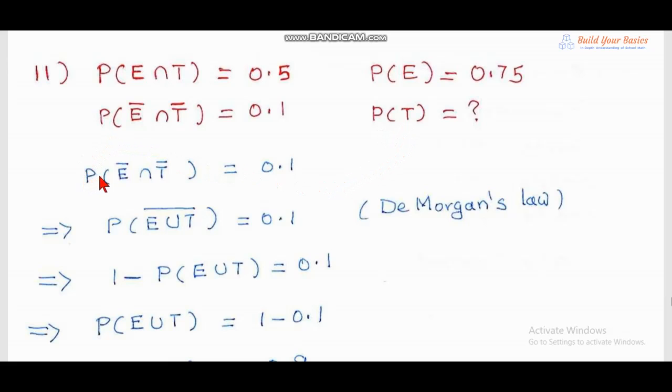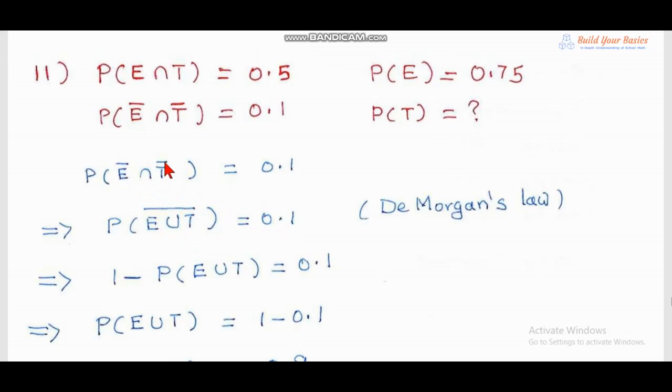Given probability of E bar intersection T bar equal to 0.1. By De Morgan's law on sets, probability of E bar intersection T bar is equal to probability of (E union T) whole bar, which is 0.1.